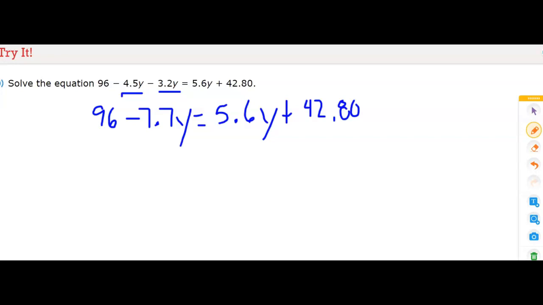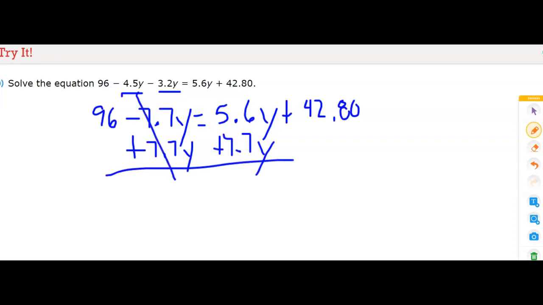Now, we need to decide whether we're going to move our terms with the variable to one side or our terms with the numbers to the other side. So I am going to move the minus 7 and 7/10 y to the right side of the equation. So the opposite of subtraction is addition. So I have 7 and 7/10 I'm going to add on both sides of my equation.